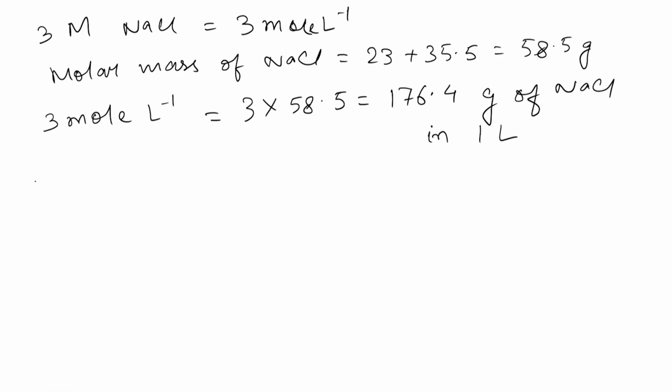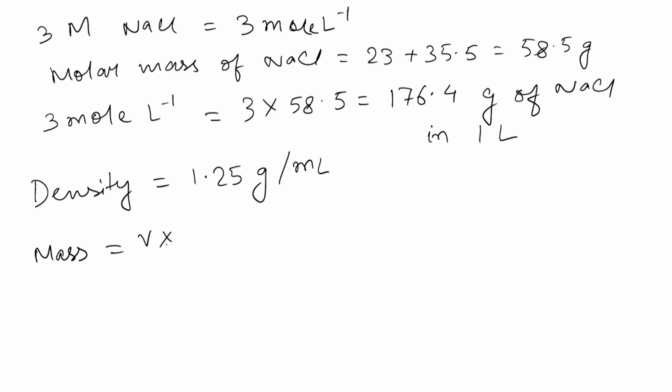So, the density that is given is 1.25 grams per ml, that is 1.25 grams in 1 ml. So, mass is equal to volume into density.